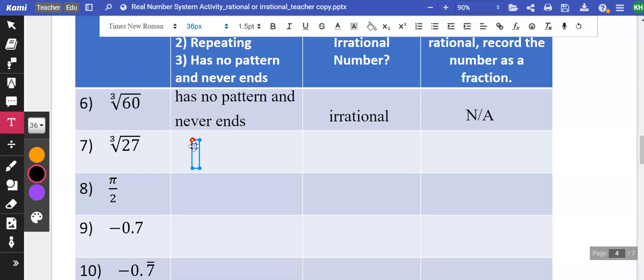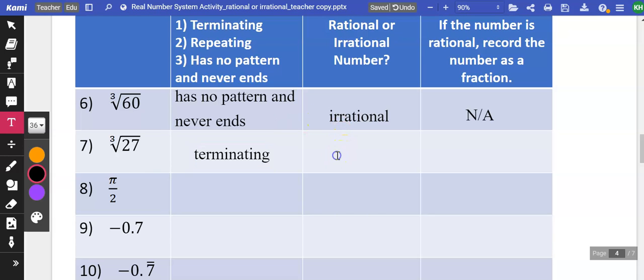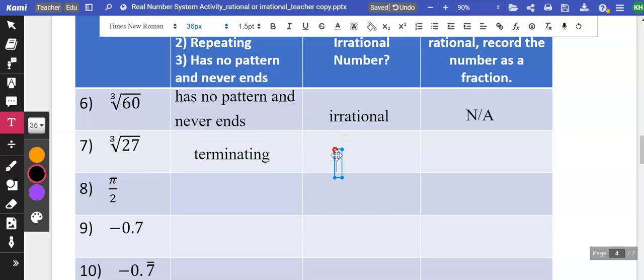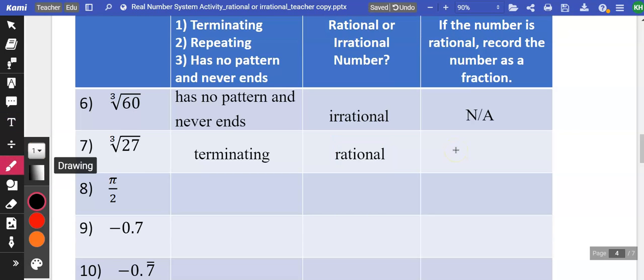So we have a terminating decimal because it would be 3.0, and that would be a rational number. All terminating decimals can be written as a fraction, and this would be equal to 3 over 1.